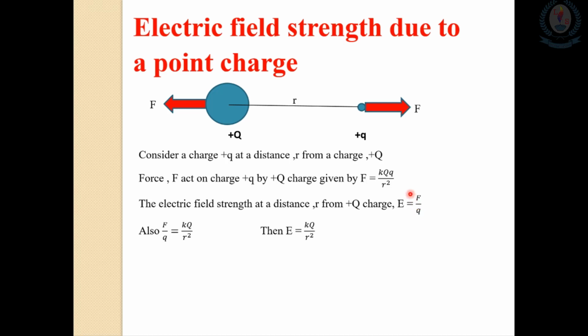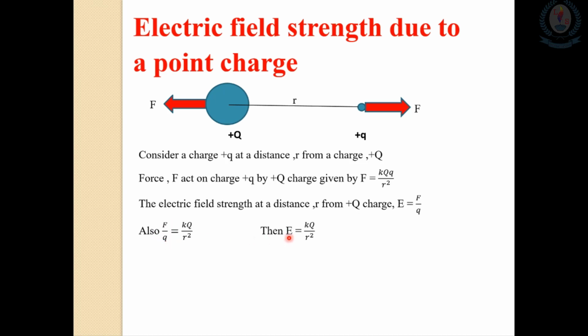Rearranging, F equals kQq over r squared, so F over q equals kQ over r squared. What is this F over q? It is the force per unit charge, that is, the field strength.